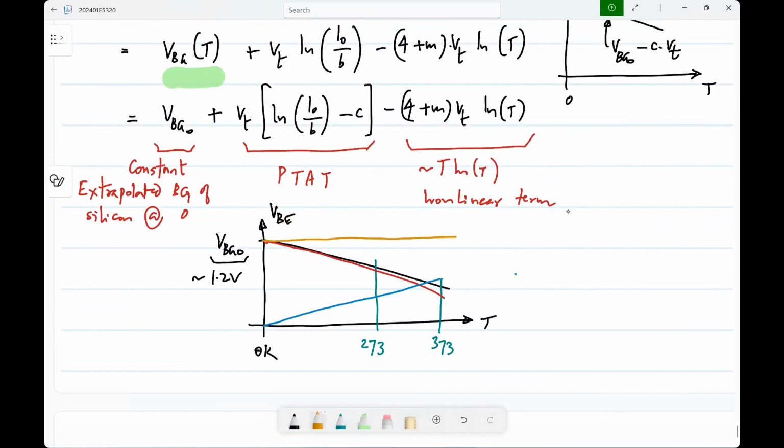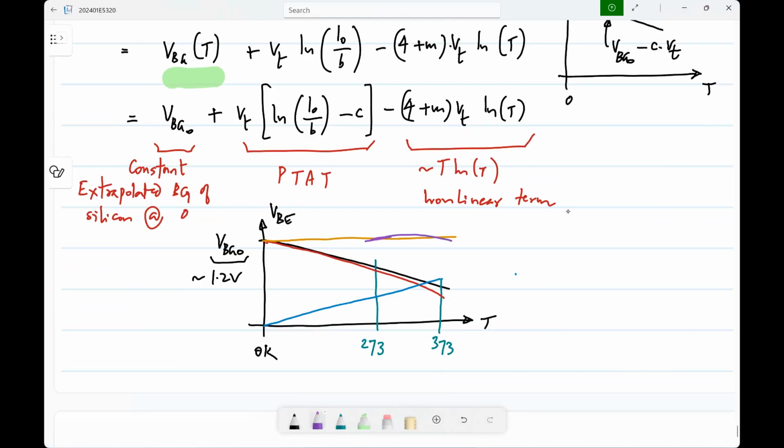But in reality, and again we are interested in a limited temperature range, it will end up being something like this. It will have a small curvature. Still the variation is quite small, in the order of millivolts, ideally. Because there will be other errors also, of course, offset and all kinds of other errors in the circuit itself. But this is just the inherent band gap.